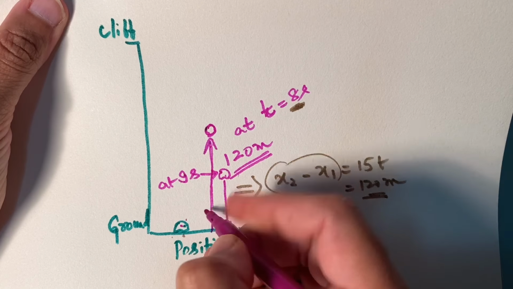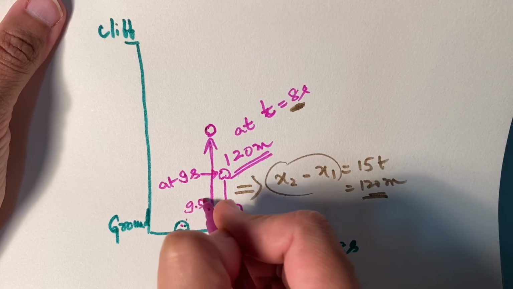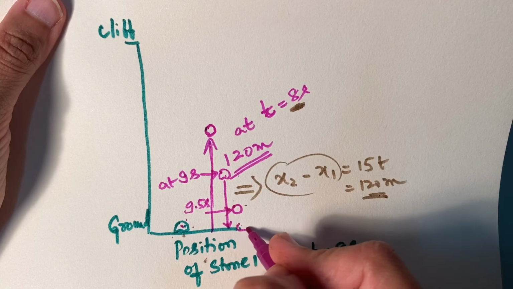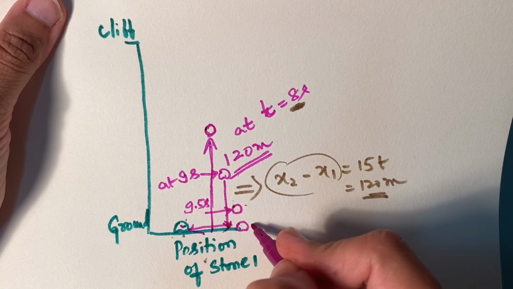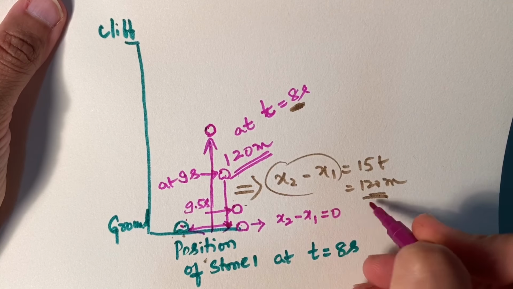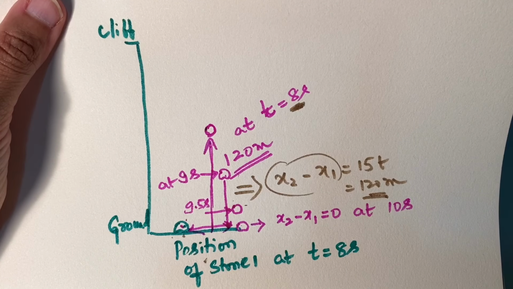At 9.5 seconds, this is the position of the stone. The distance between stone 1 and stone 2 has further reduced. At 10 seconds, you see there is no distance between the two stones. The x2 minus x1 at 10 seconds is 0 because both are at the same level.